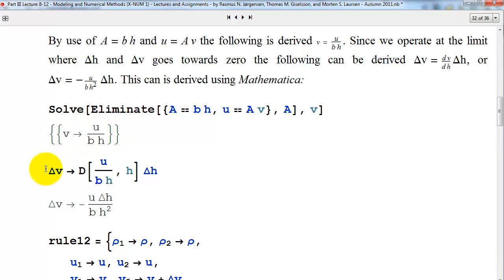But if we want to have the change in speed, what we then need to know is the slope or derivative of this in relation to the height. And then we need to multiply it with the change in height too. And then you can see what happens. Then you get the relation here. You could have done that by hand, but Mathematica ended up with it here.